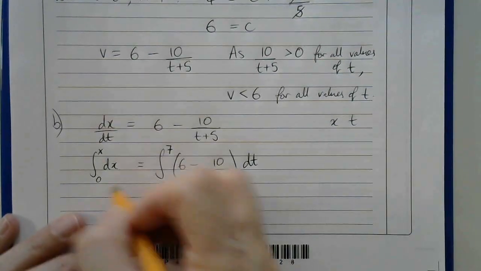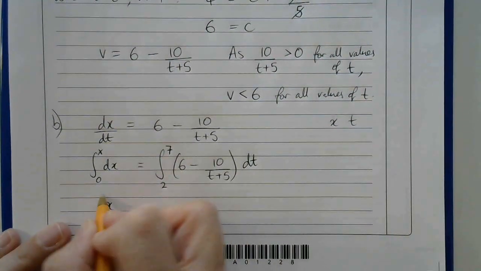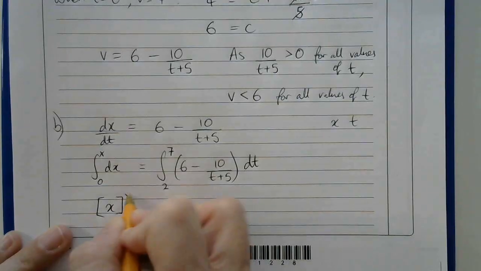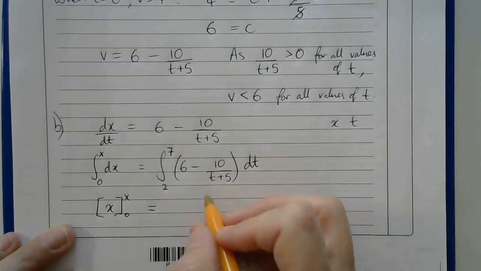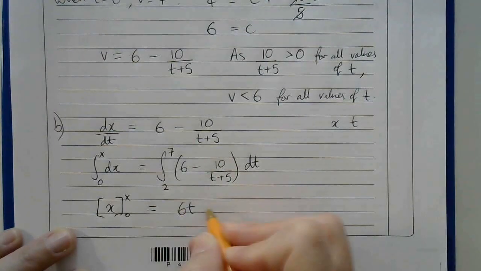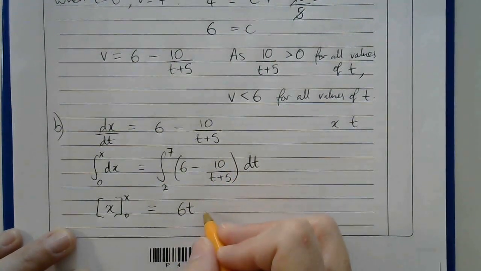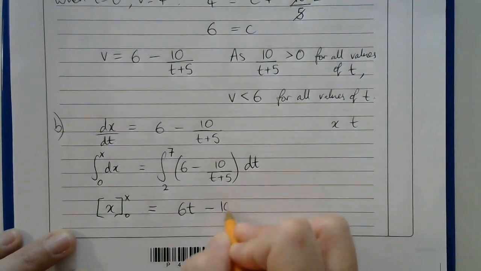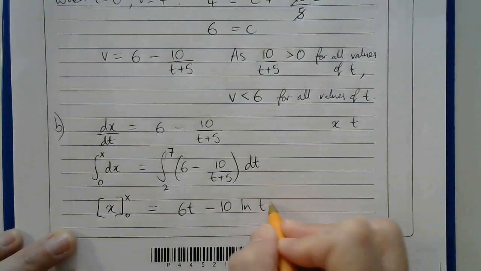Okay, so going along with the maths then I get that x evaluated from 0 to the specific value capital X. Here, when I integrate this, I end up with 6t. When I integrate this, here I get negative 10 natural log of t plus 5.